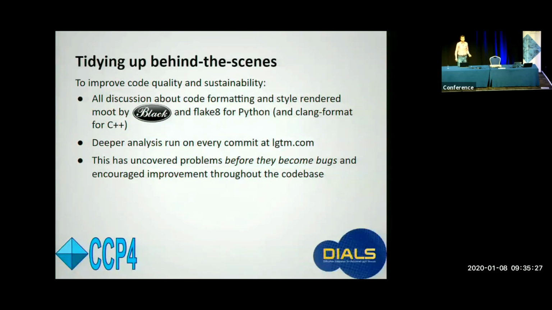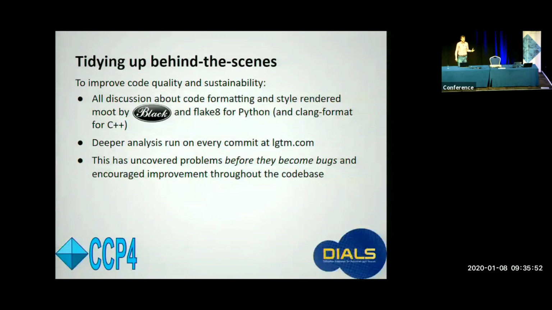Flake8 and Clang format also do this. Flake8 makes sure that the code adheres to Python's internal style guide, and Clang format does similar for C++. Also, every commit is run using a static analysis software based at lgtm.com, which I think stands for looks good to me.